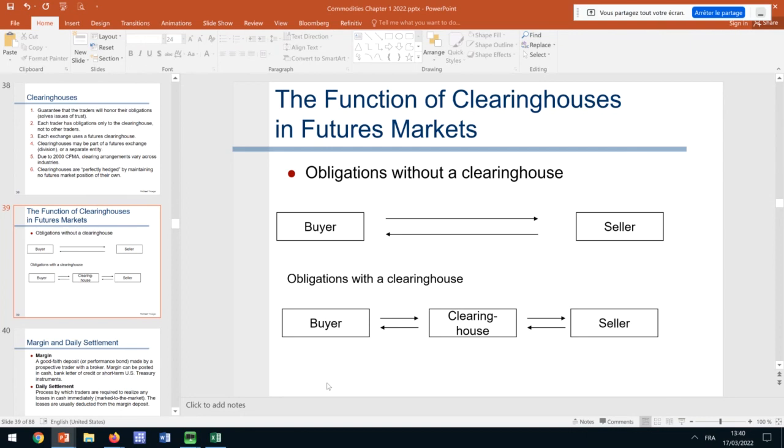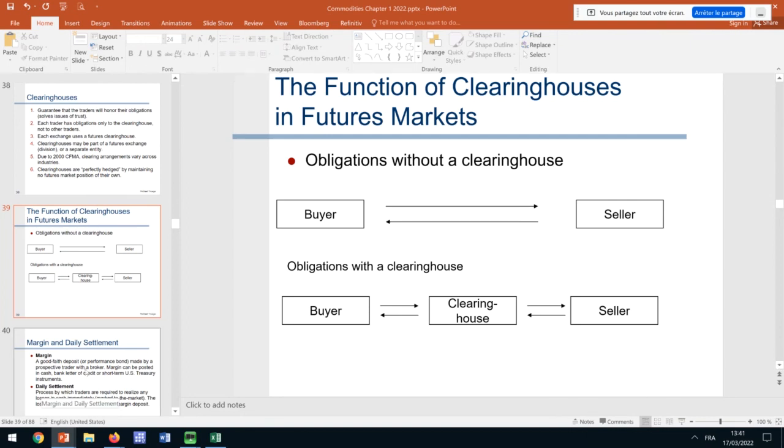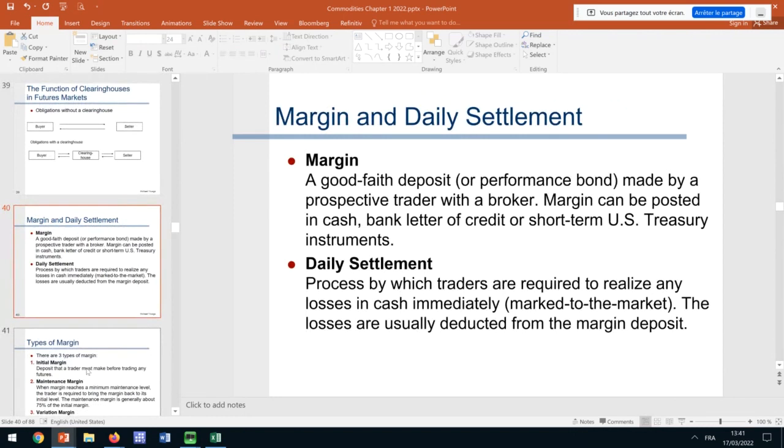So how does the clearinghouse make sure that nobody defaults here? The mechanism is margin requirement and a daily settlement. What does it mean? The margin is the amount of money that you have to deposit when you buy a futures contract.